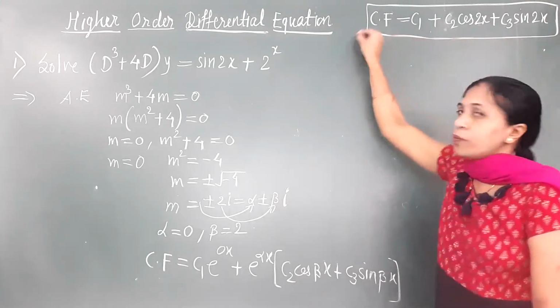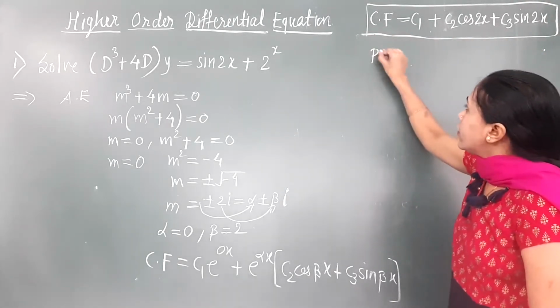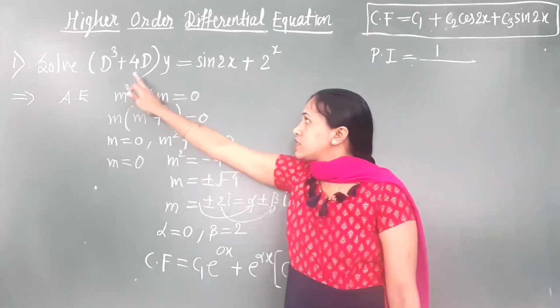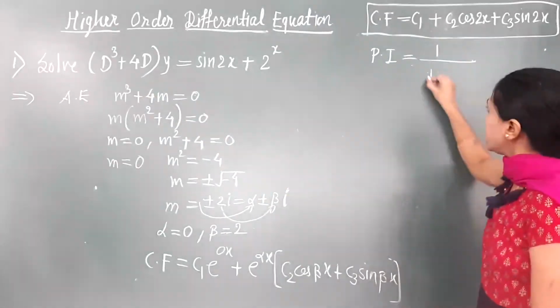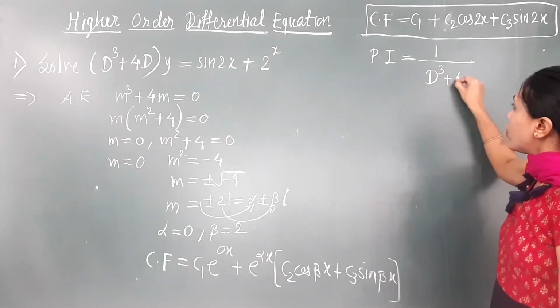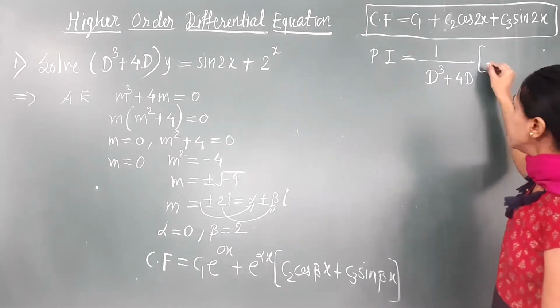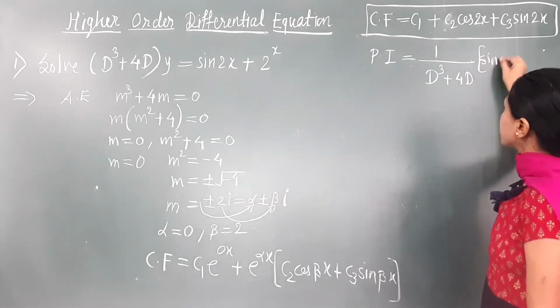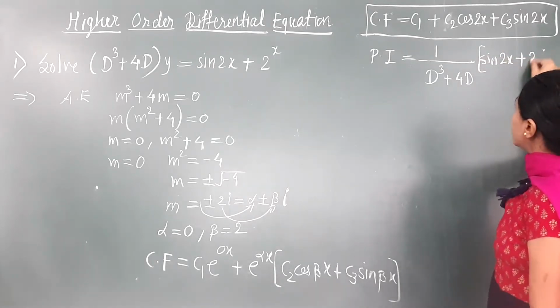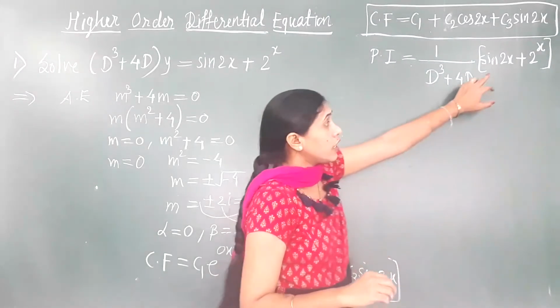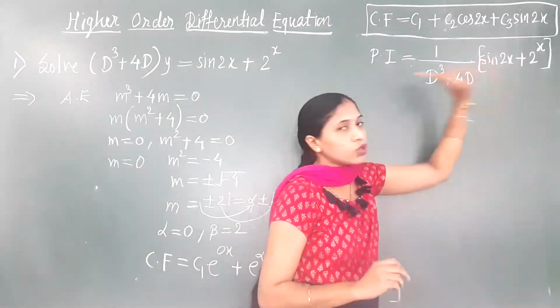Now to find PI, PI is equal to 1 upon whatever the term in D is, which is D cube plus 4D, multiplied by the right hand side. The right hand side is sin 2x plus 2 to the power x. Now see here, on the right hand side we have two terms, sin 2x and 2 to the power x.